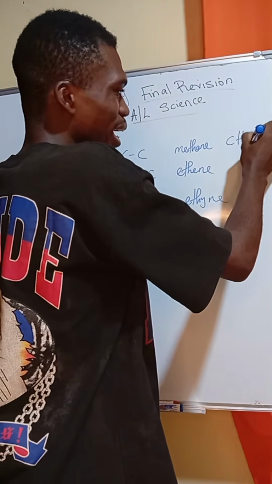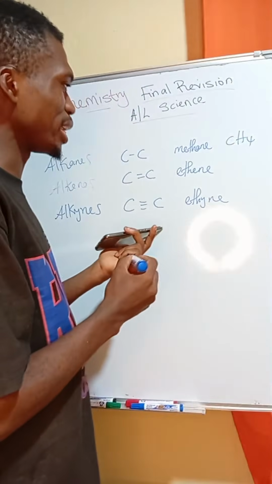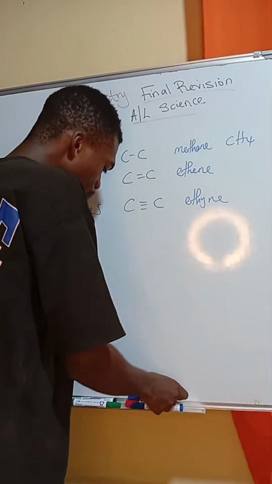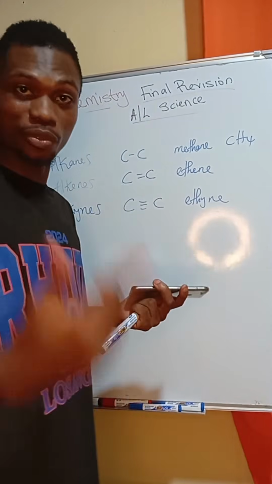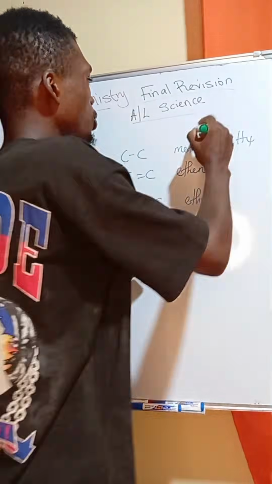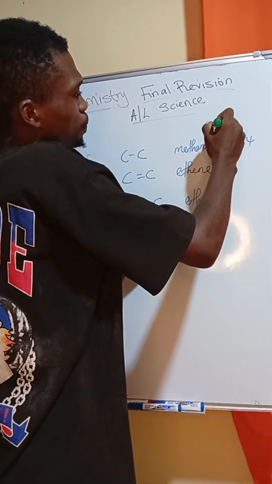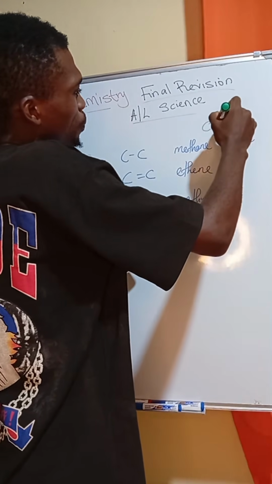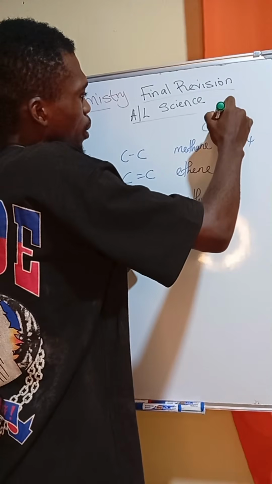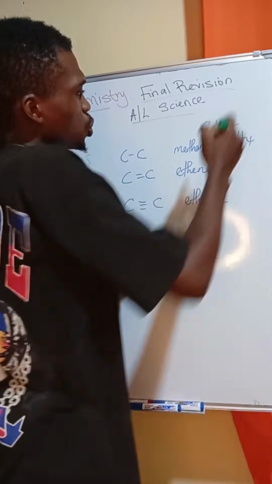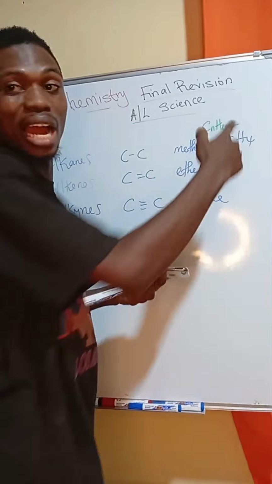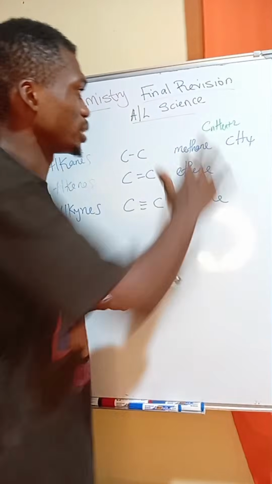Let me just add, they did not ask this one. Methane is CH4, and like I already said, I'm going to explain for you to understand. I'll just give you already the general formulas, right? CnH2n+2. This is the general formula for all alkanes.